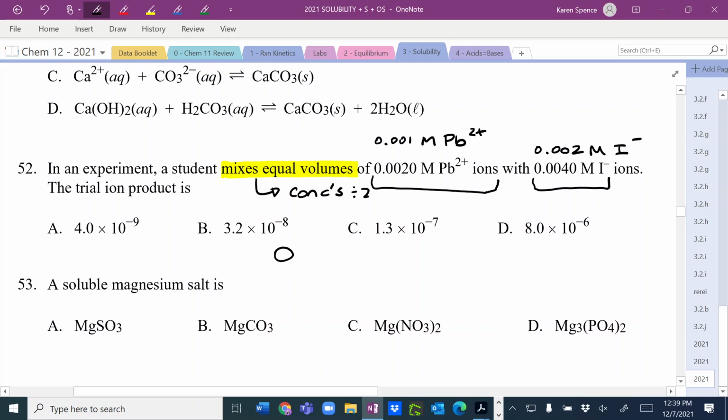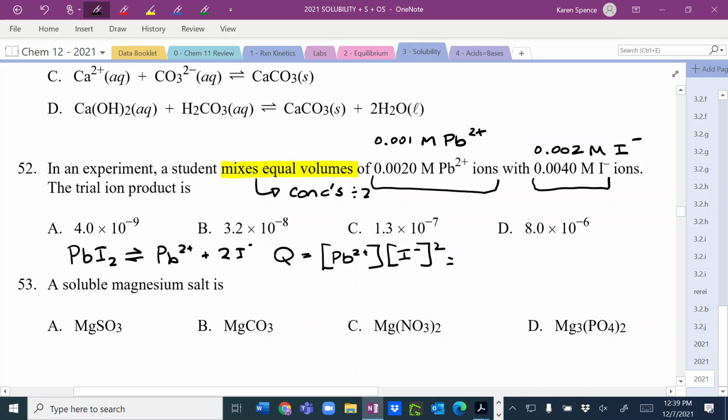And our Q then is going to be the concentration of lead times the concentration of iodide squared, and it's going to be squared because of course our equilibrium looks like this, with a coefficient of 2 in front of the I minus.